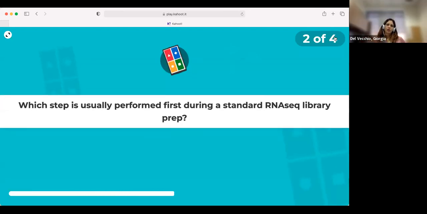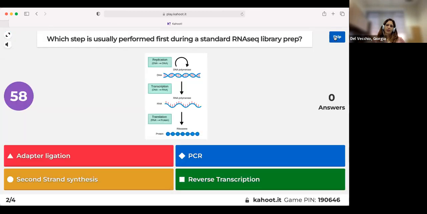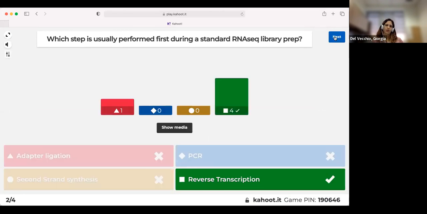Which step is usually performed first during a standard RNA-Seq library prep? Is it the adapter ligation, the PCR, the second strand synthesis, or the reverse transcription? Yes, it's the reverse transcription.